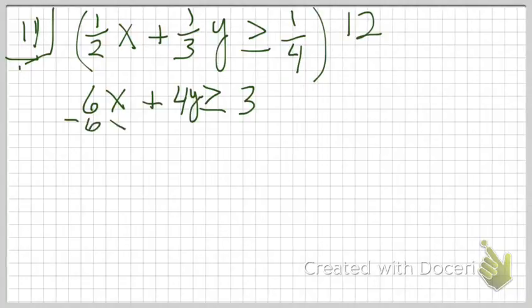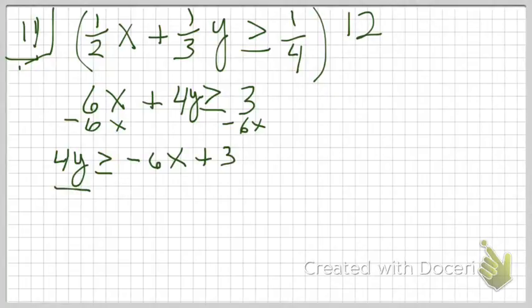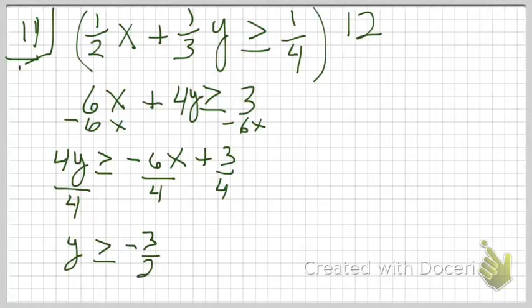Now I subtract 6x from each side, and I get 4y is greater than or equal to negative 6x plus 3, and divide by 4. And that gives me y is greater than or equal to negative 3/2 x plus 3/4.